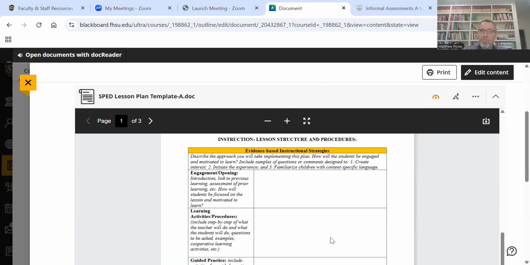Also, make sure that you include your informal assessments that you used. That should be in the appendix. And also make sure, again, that you include the parent permission form. That will all be submitted as one when you turn in your assignment on Sunday evening.